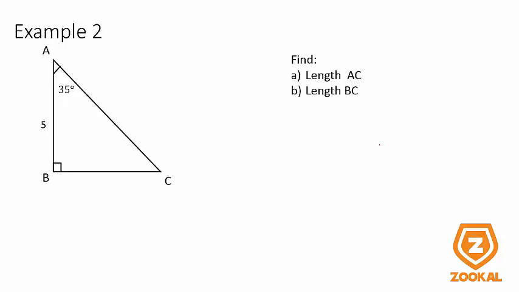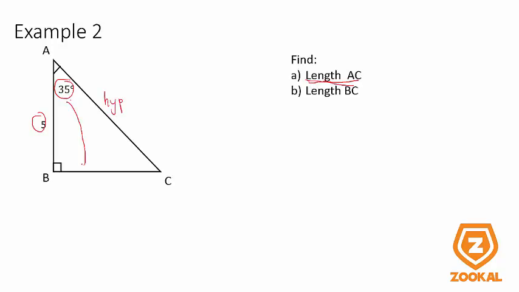Okay, moving on. The first question asks us to find length AC. Line AC. We have angle 35 degrees and then 5. We want to find length AC. AC is the hypotenuse.